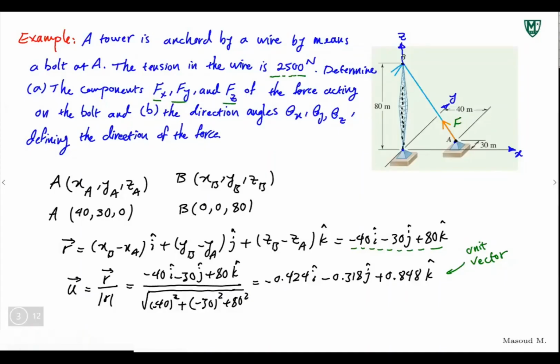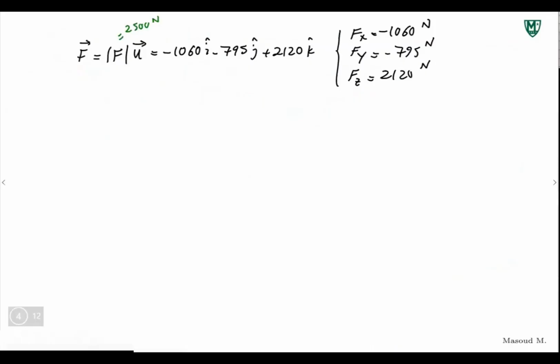Now, the second part is asking us to find the direction angles. Well, once you know the components in each direction and you know the magnitude of the force, you can just go back to what we covered when we were reviewing vectors in 3 dimensions.